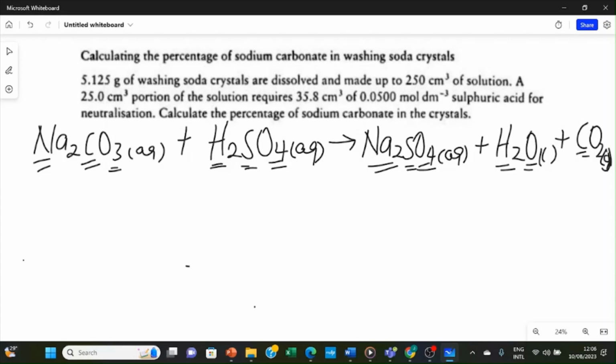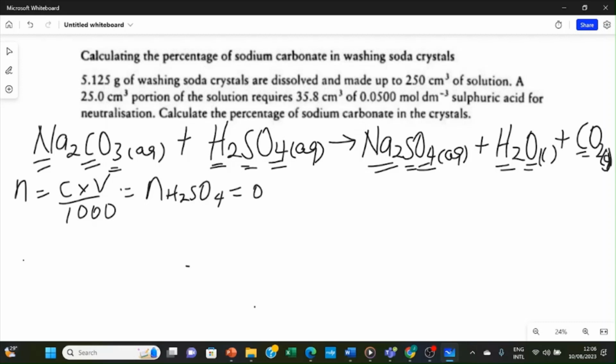The next step is to calculate the number of moles of sulfuric acid. Number of moles is equal to concentration times volume over 1000.